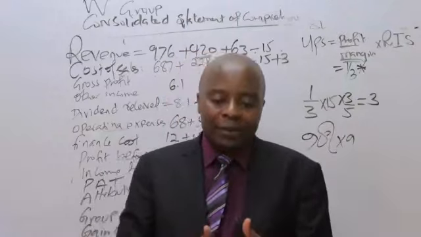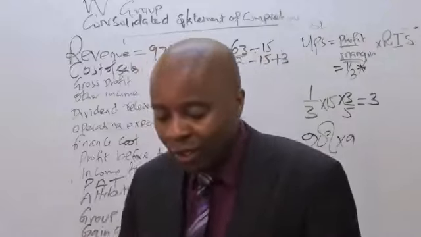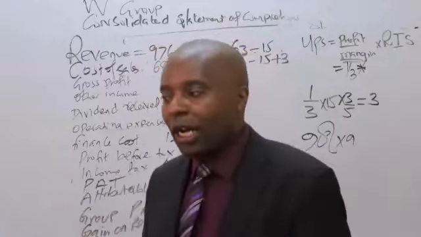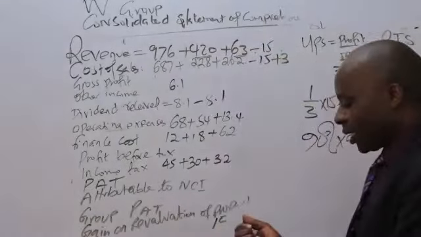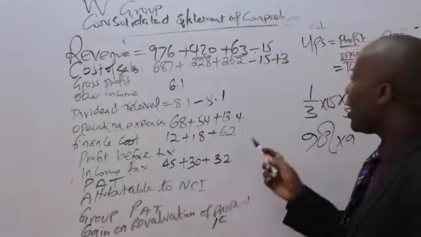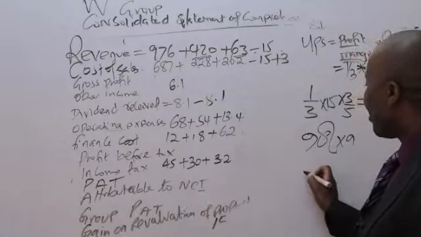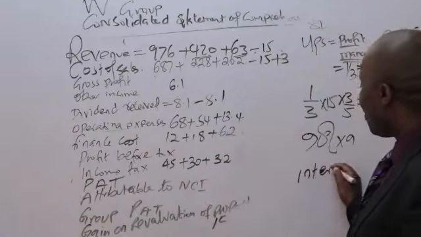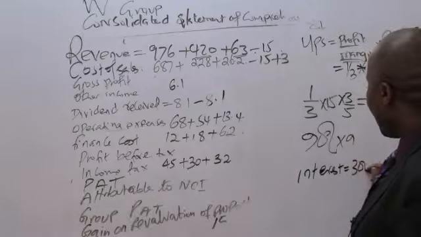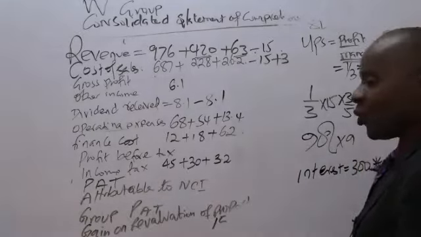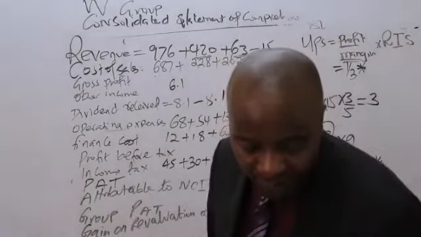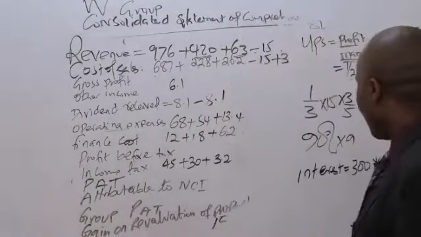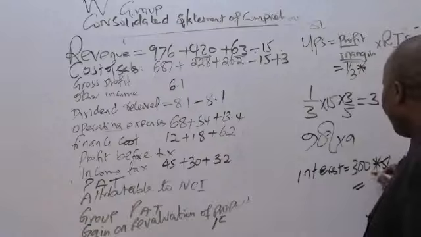Could you kindly give me the interest payable? It is 300 million, and the percentage is 5%. Already people have given me 15 million.